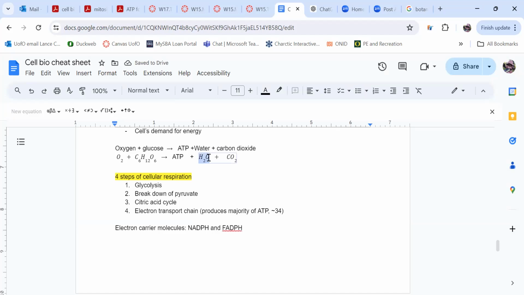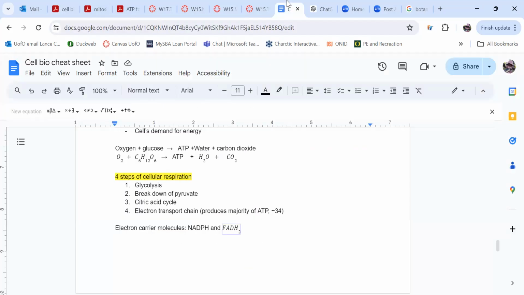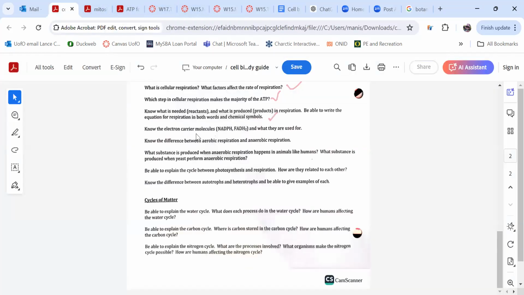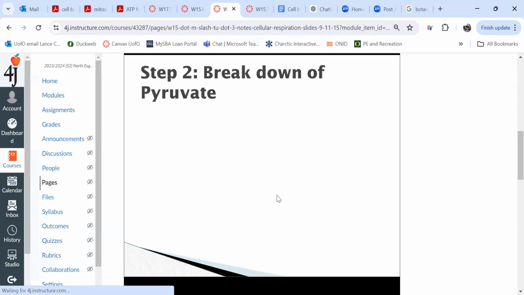Maybe if I could just copy this, maybe it's right. FADH2. Make sure that's right again. FADH2. Good. And NADH. Cool. That's good. And then make sure that I call it the right thing. Electron carrier molecules. NADH and FADH2. Okay, so what do we need to know about that?